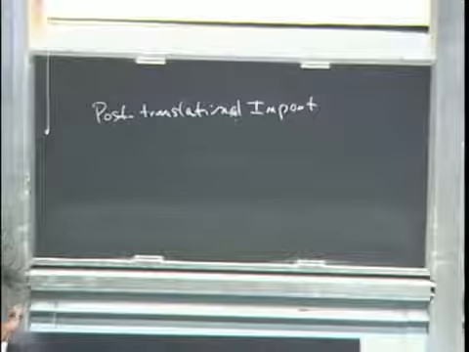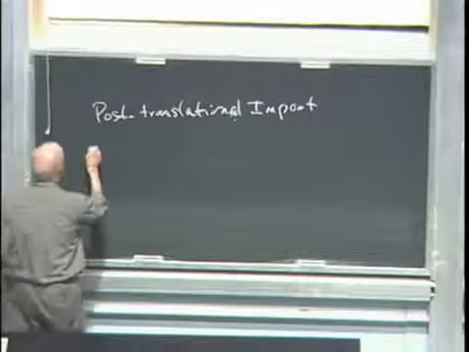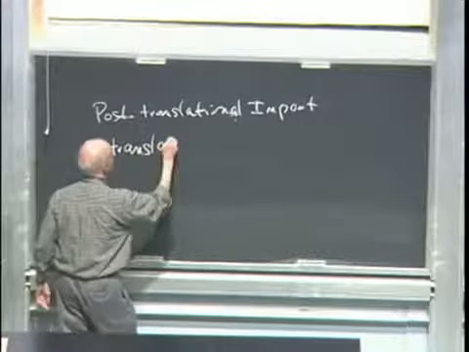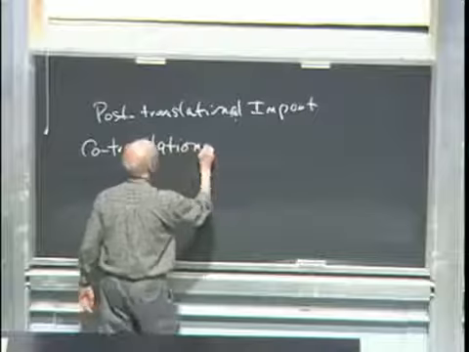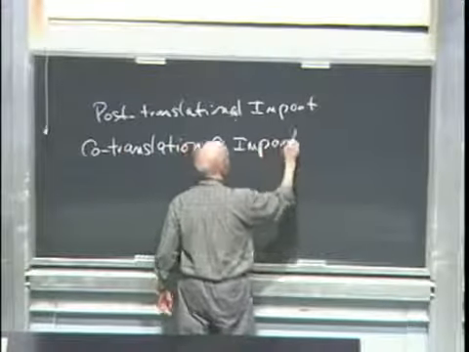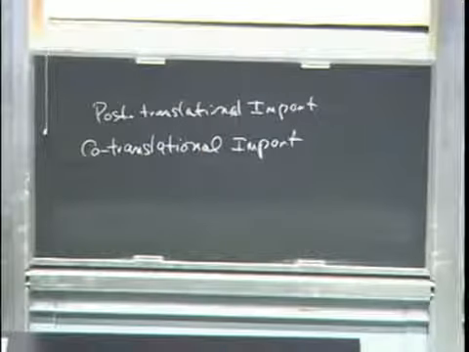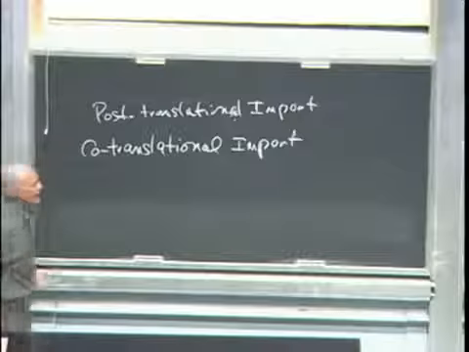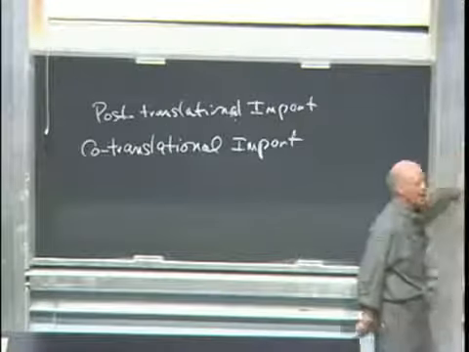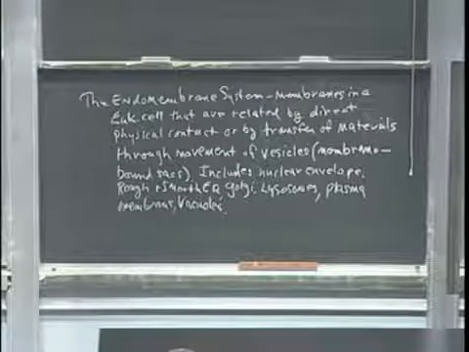If you look at the left-hand part of figure 45, there is another process which is known as co-translational import. And this involves a whole other set of components in the cell. There is a membrane system within cells which is known as the endomembrane system. I put this on the board because it's important.